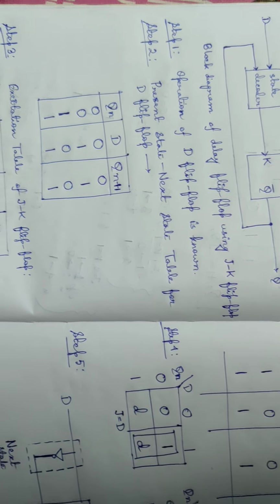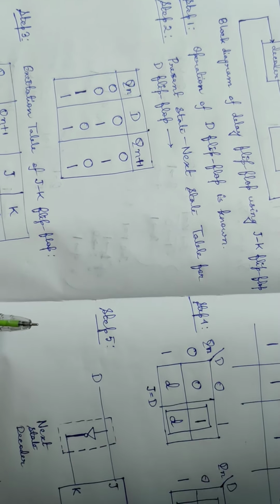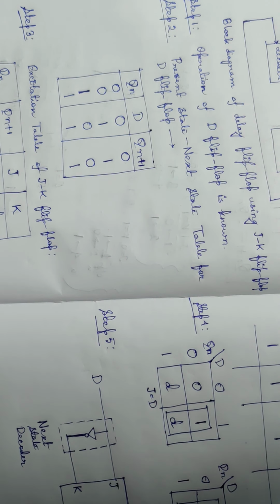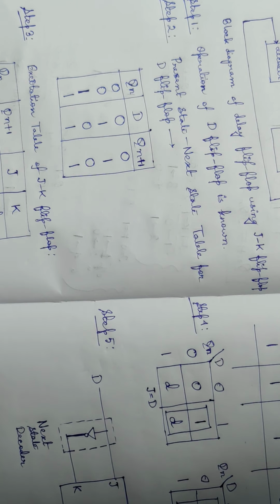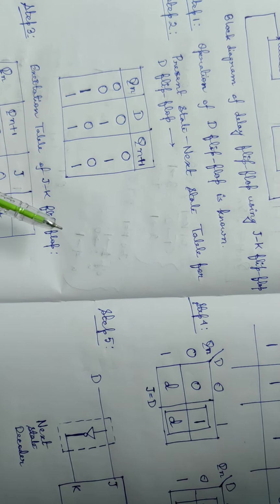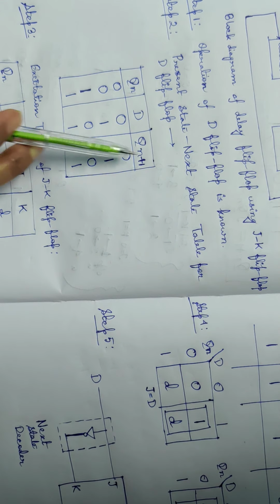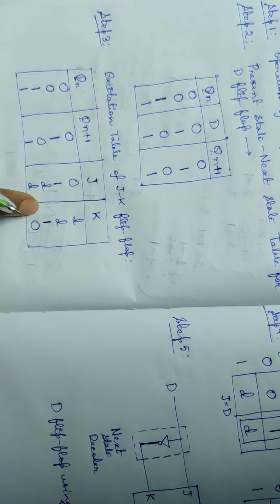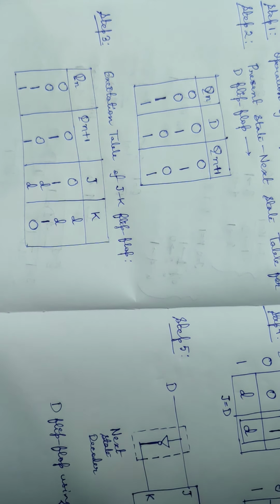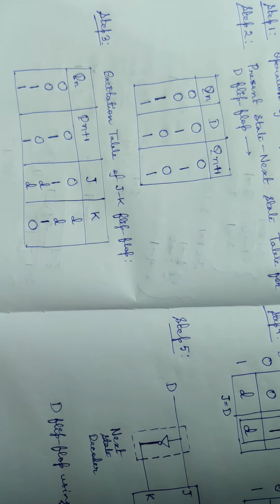Now coming to step 3. In step 3, we have to append the excitation table of the JK flip-flop to this present state next state table of the D flip-flop.